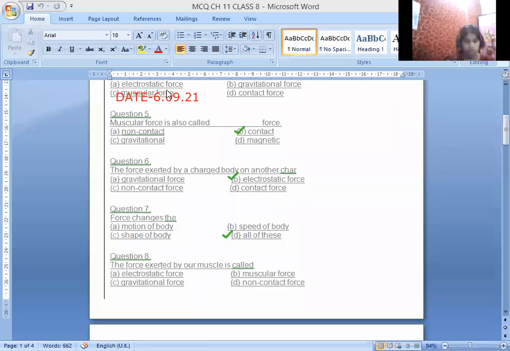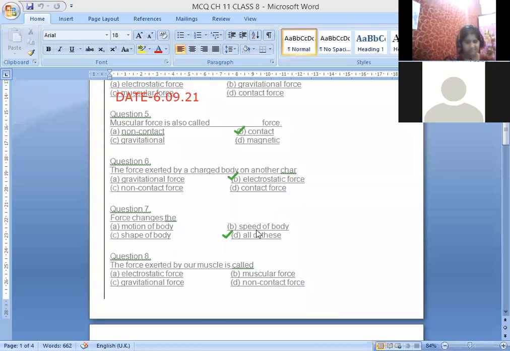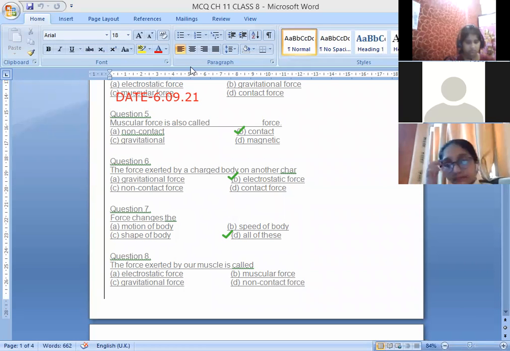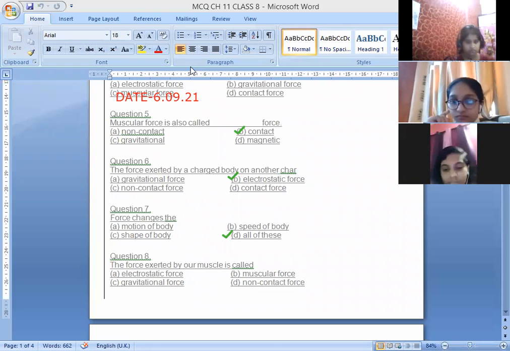Ma'am, B, muscular force. Okay, fine. How? I'm asking for the examples. Yes, Varuni. Let's take an example. If we kick a ball with more pressure, it will move faster, or with low pressure, it moves slowly. Okay. So speed of an object can be changed by applying a force.